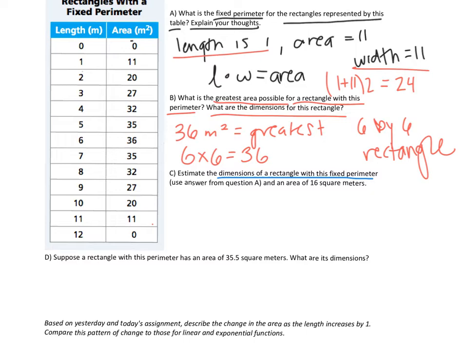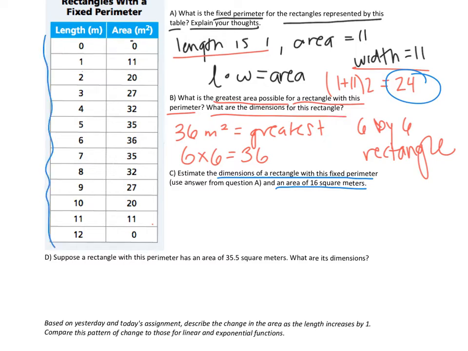So we know the fixed perimeter is 24, right? That's a fixed perimeter. And so the area has 16 square meters, okay? So knowing if it fits within the fixed perimeter, it has to fit somewhere within this table, right?